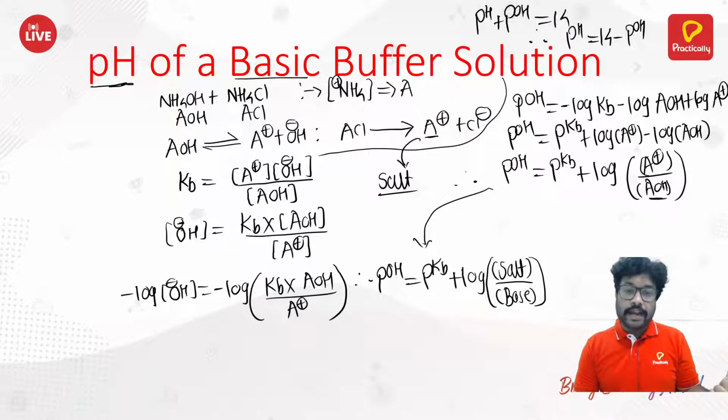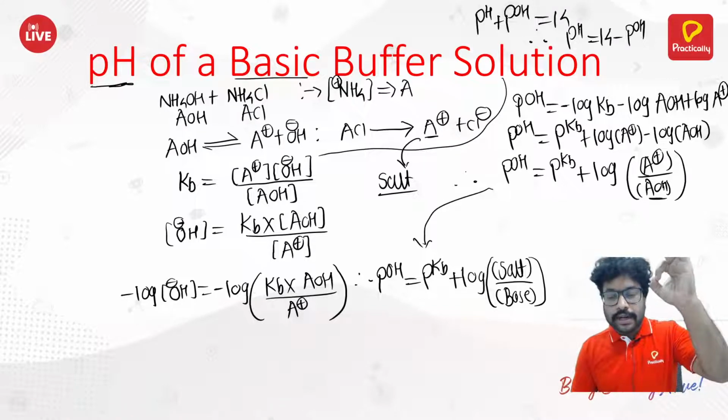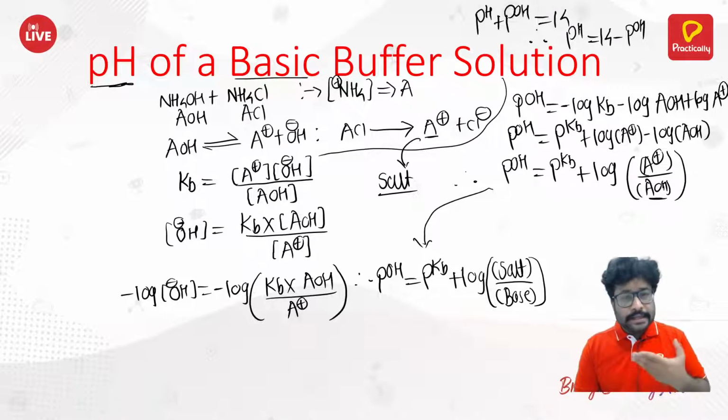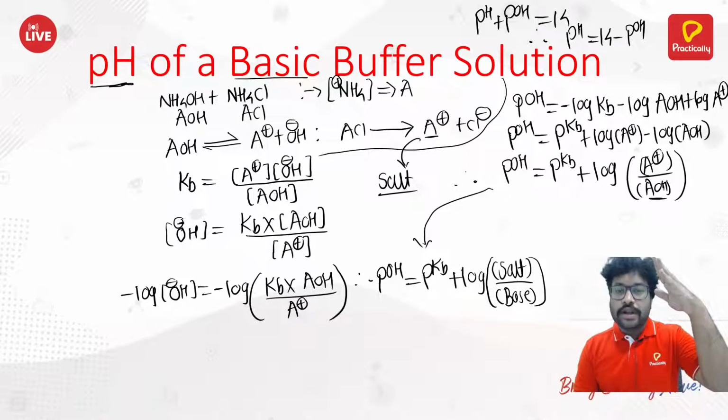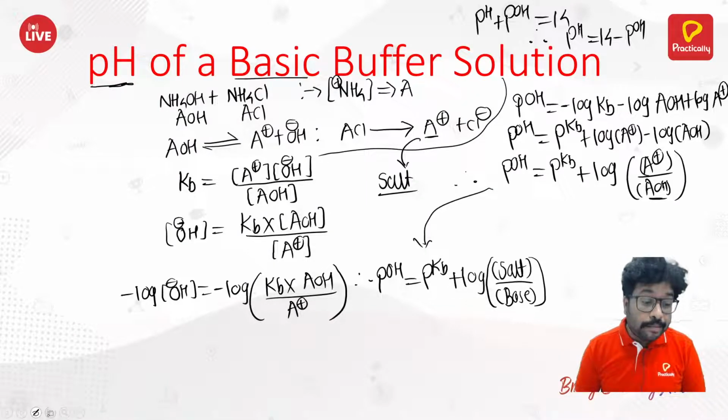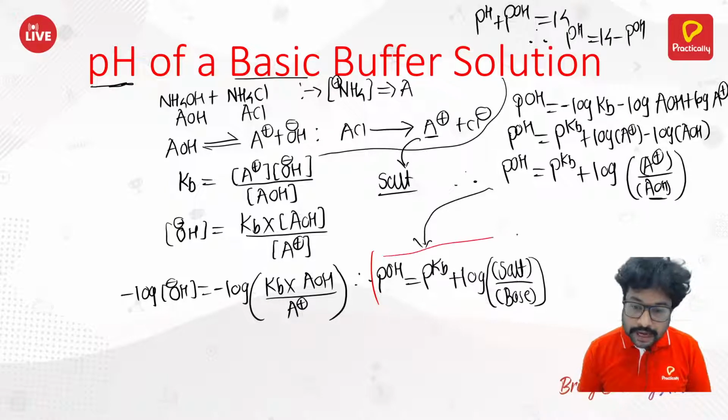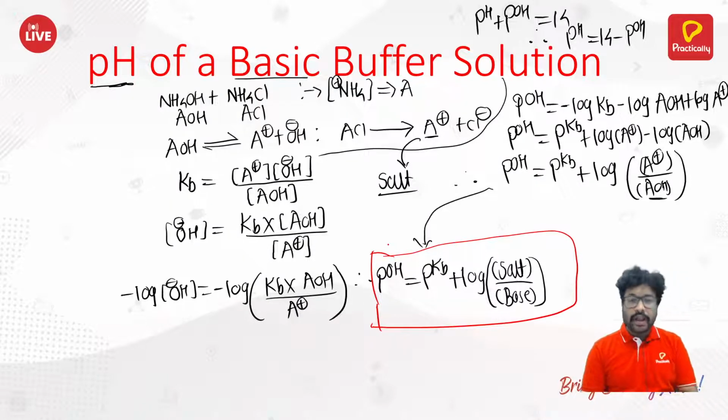There we found the pH of an acidic buffer: pH is equal to pKa plus log of salt divided by concentration of acid. Similarly here, pOH is equal to pKb plus log of concentration of salt divided by concentration of base. So once we get the pOH, from that we can easily calculate the pH. There is no difference in that.